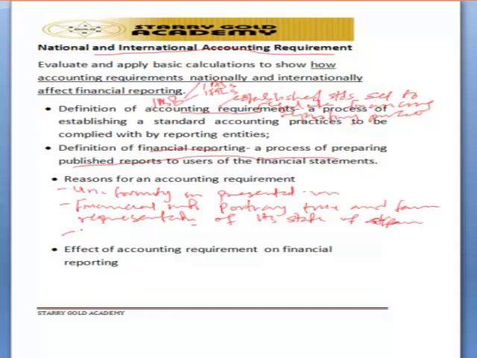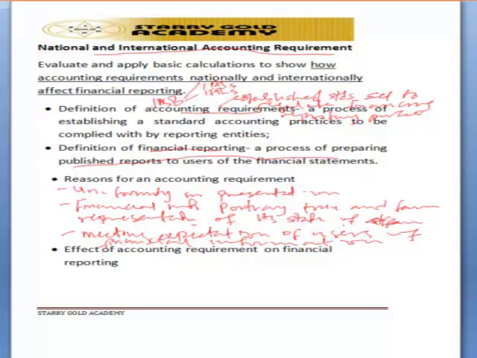Another reason that we might likely talk about is what we call meeting the expectation. Meeting what? Expectation of users. Meeting the expectation of users of financial information. Now, financial statements on their own do not provide a solution.